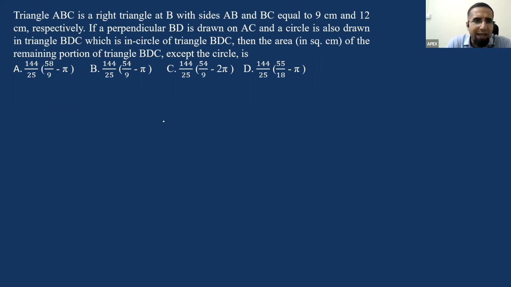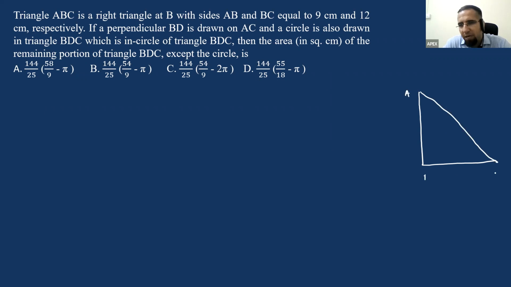Okay. So there's a triangle ABC, which is a right angle triangle with AB and BC equal to 9 and 12 centimeters. So let me do one thing here. Let me draw the triangle here so that we can use the other part to calculate.